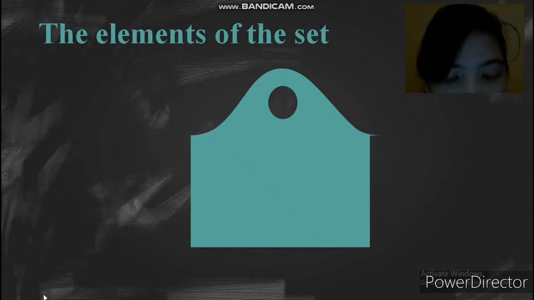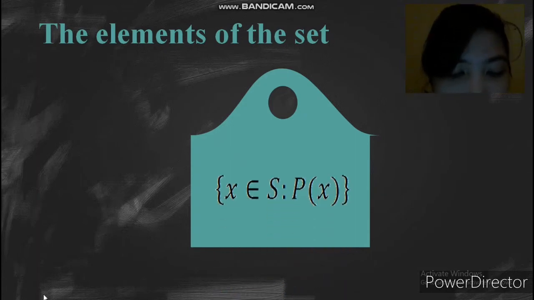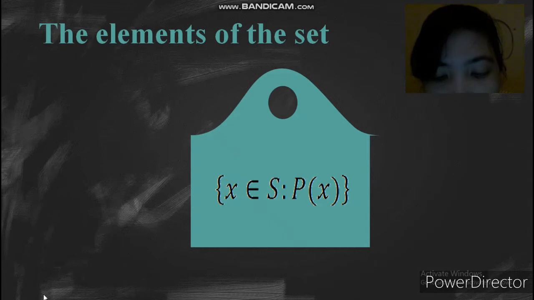If P denotes a property that is meaningful and unambiguous for elements of a set S, then we write {x ∈ S : P(x)} for the set of all elements x in S for which the property P is true. If the set S is understood from the context, then it is often omitted in this notation.